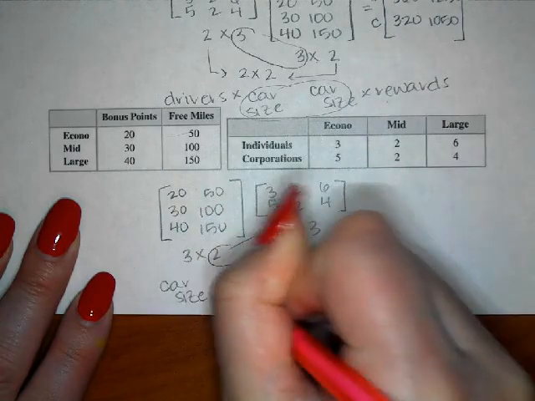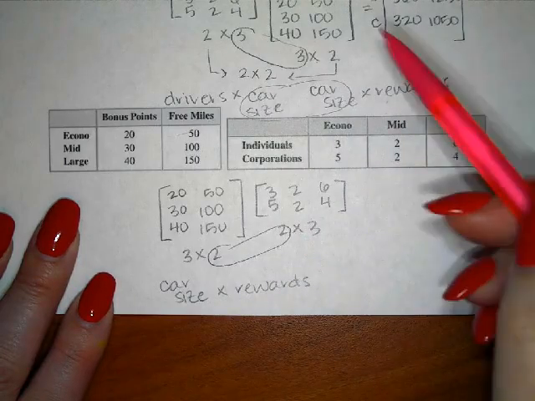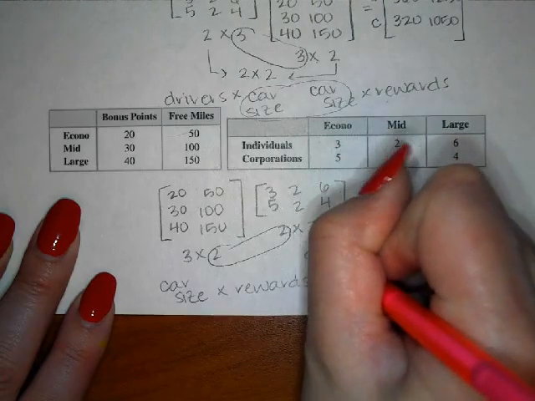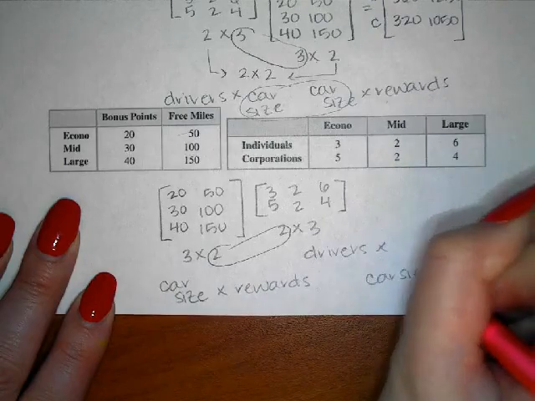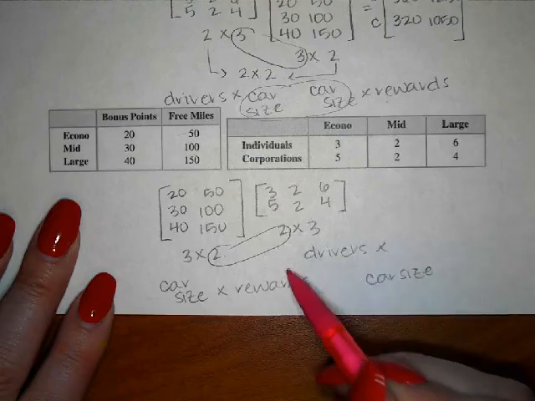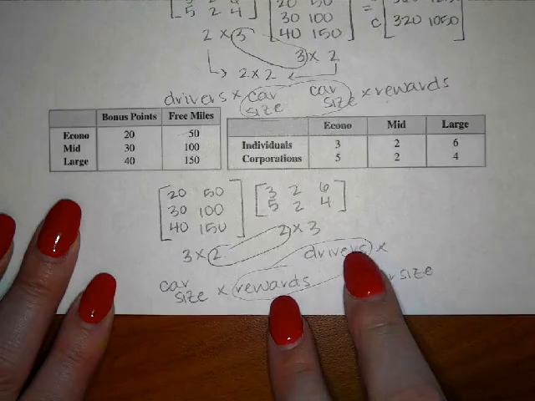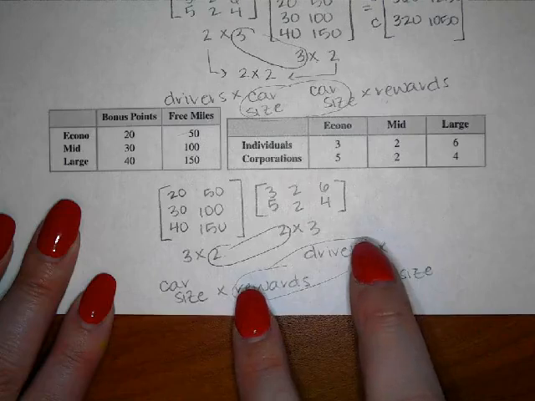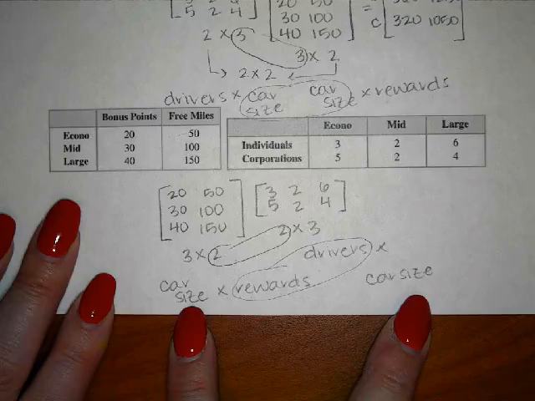And this other one is representing drivers by car size. So if we look at the two dimensions that matched up, that would be 2 types of rewards, 2 types of drivers, and those should match, and they don't. Those are different. And then when we were done multiplying, we would end up with dimensions 3 by 3 that represent car size by car size, and that would be weird.